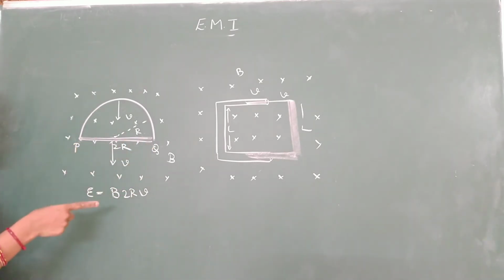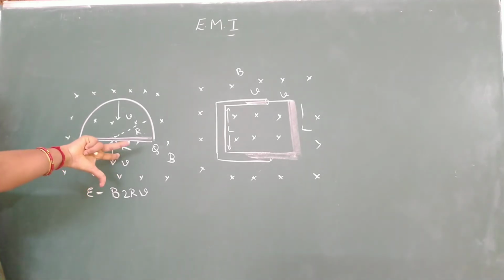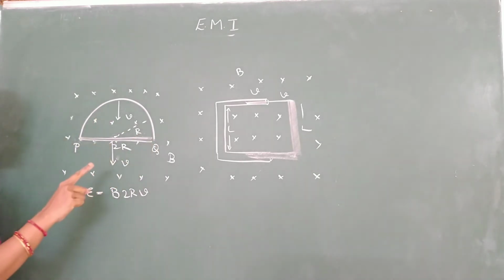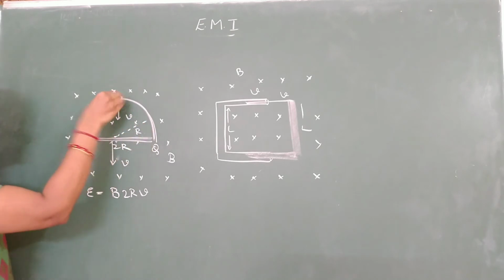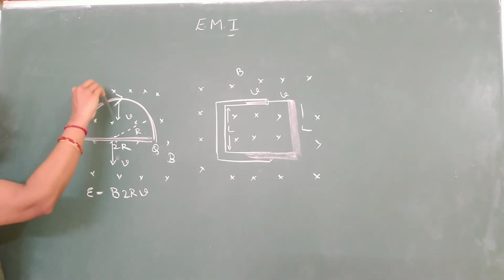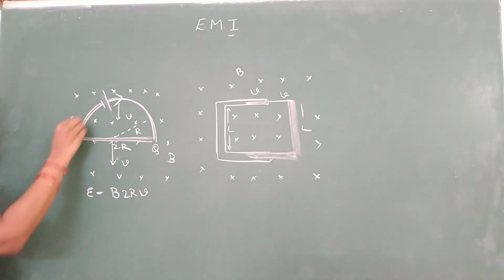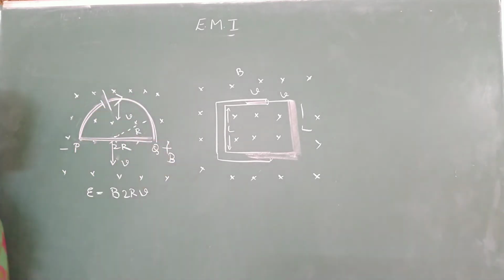Use Fleming's right hand rule. Field is inward, velocity vector is downward, and the middle finger is directed from P to Q. Remember, whenever you are giving the direction of current, current flows from P to Q. Current always flows away from positive towards negative. So the P end is negative and the Q terminal is positive.